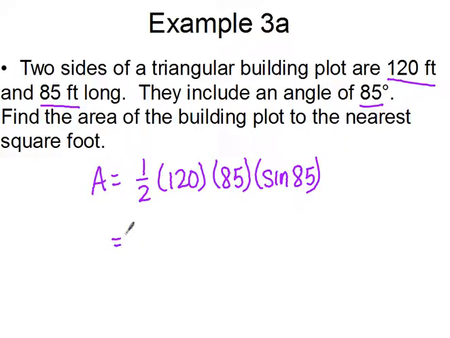And we type this all in our calculator all at once. And when you do that, you get 5,080.6 feet squared. Okay, just a little anomaly that comes along. You can still do triangles the same way, but you would have to find the height and all of that stuff. Alright, good luck!